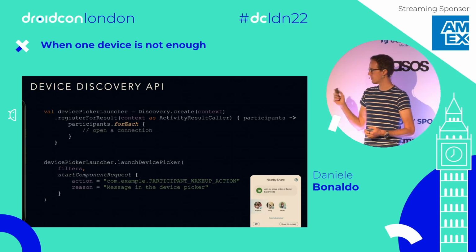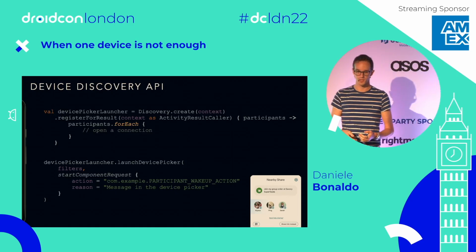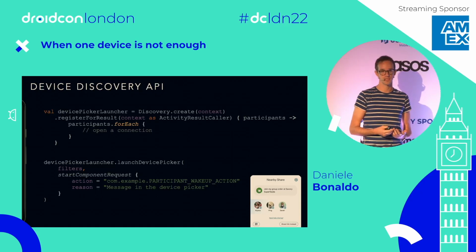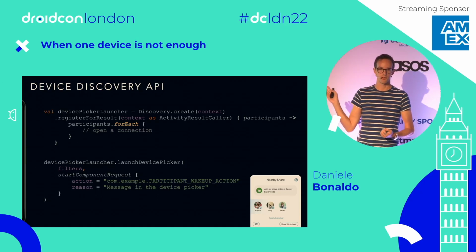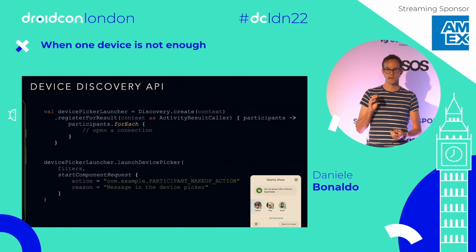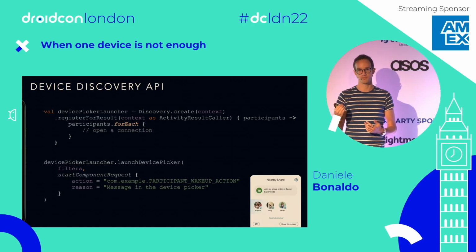What you can customize here is invoking the launch device picker method. You can customize the reason, which is a user-facing message that is going to be displayed on that picker. The action, which is really interesting, is the action that is going to be invoked as a new intent for the receiving application.